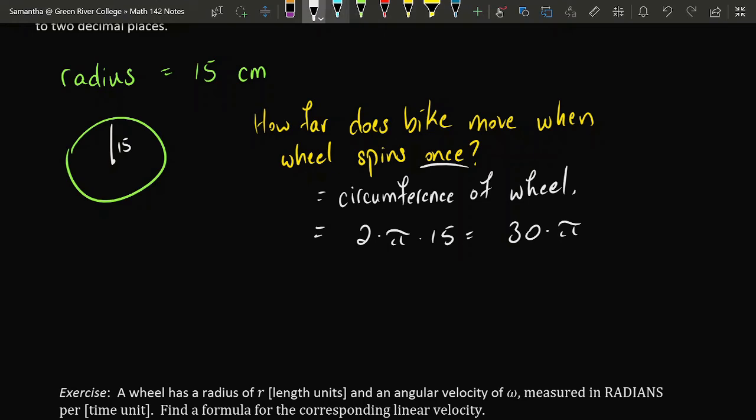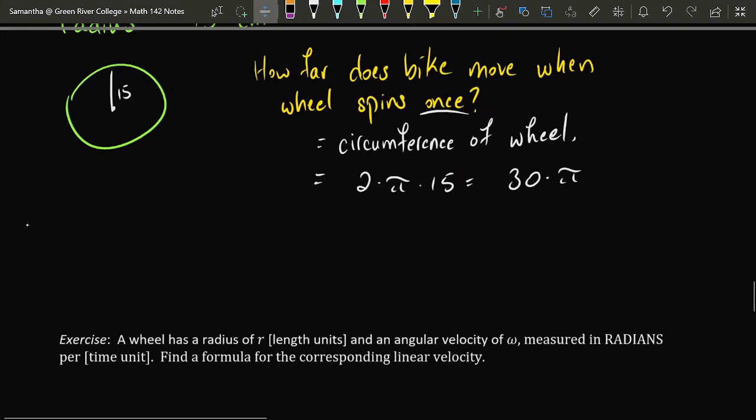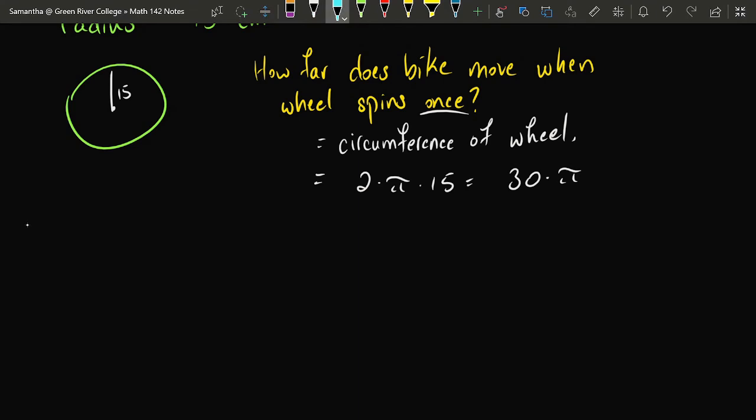So now let's try and figure out how fast overall the bicycle is moving. And to do that, I'm going to do some unit analysis. I'm going to start by taking the fact that the bicycle's speed was expressed in terms of 5 revolutions in 1 second.